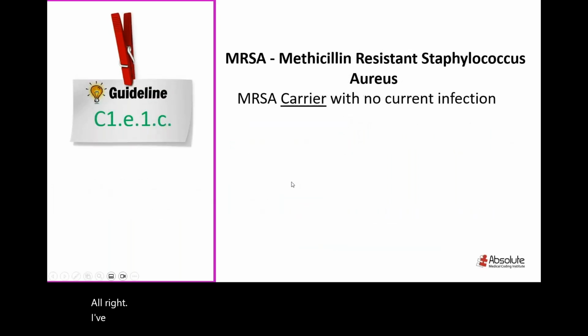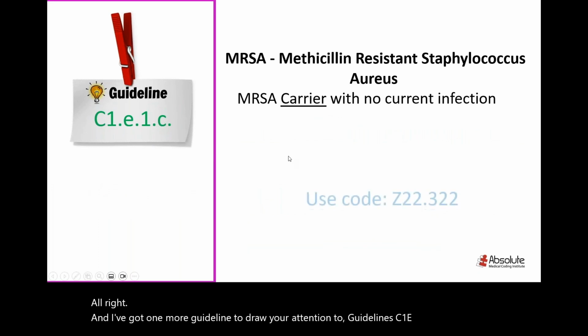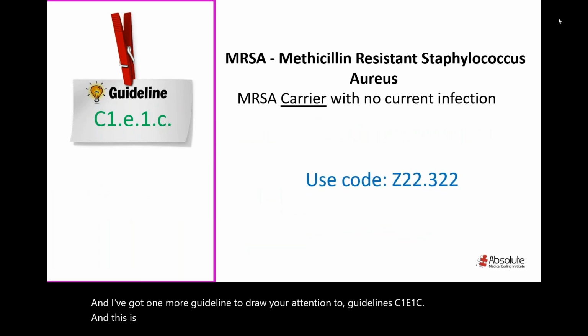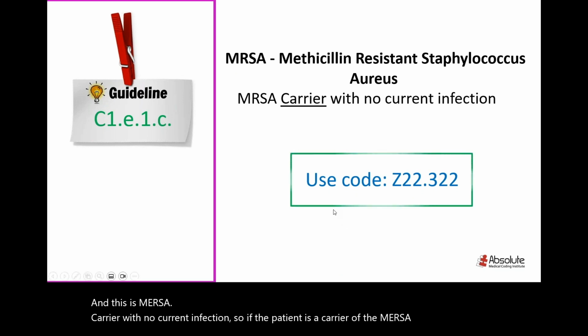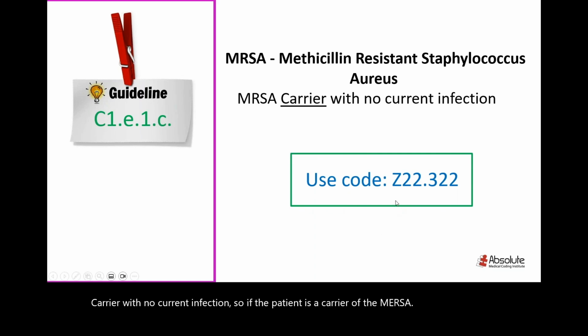All right, I've got one more guideline to draw your attention to, guideline C1E1C. And this is MRSA carrier with no current infection. So if the patient is a carrier of the MRSA disease, use Z22.322.